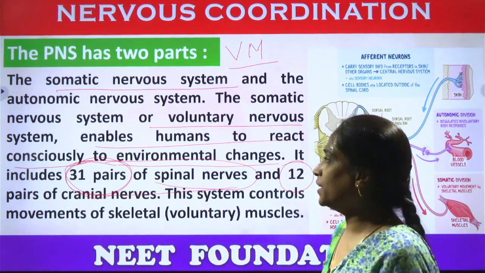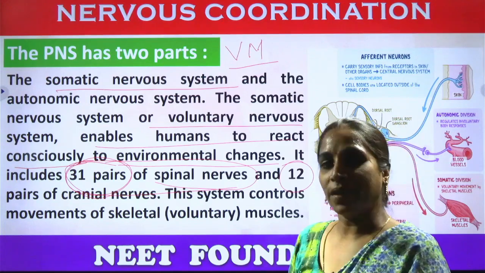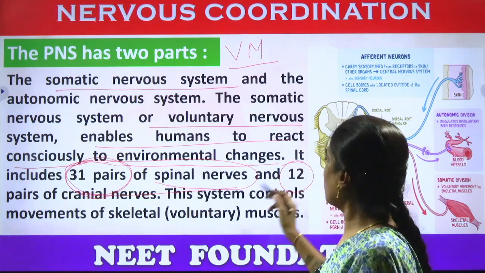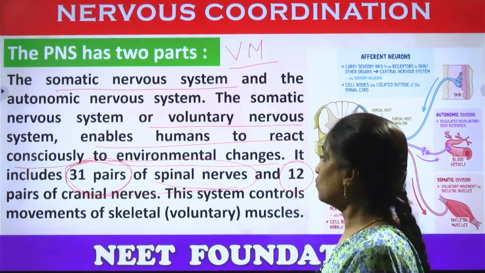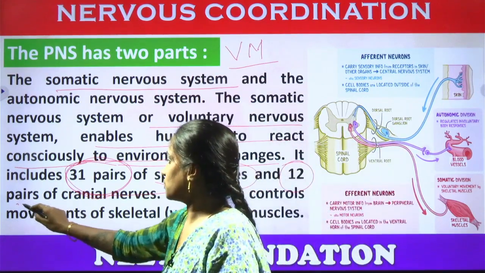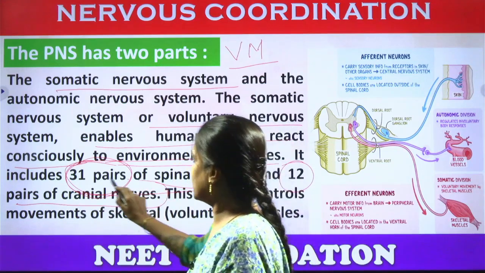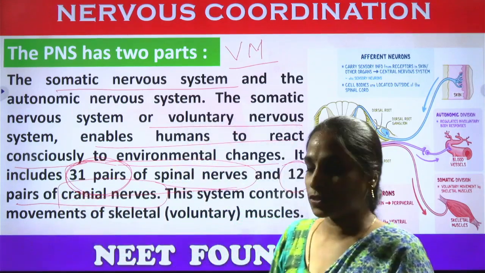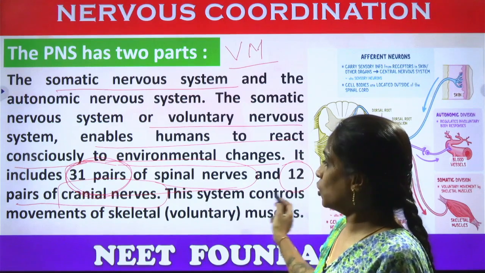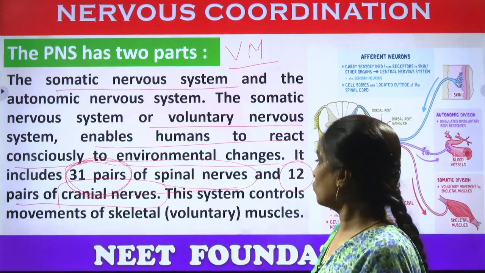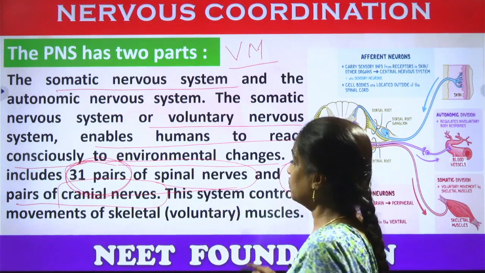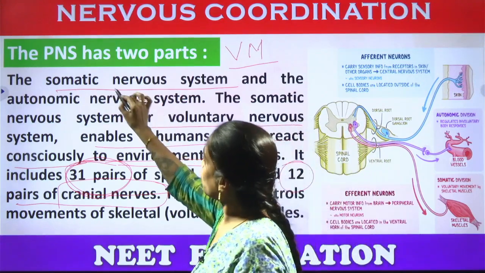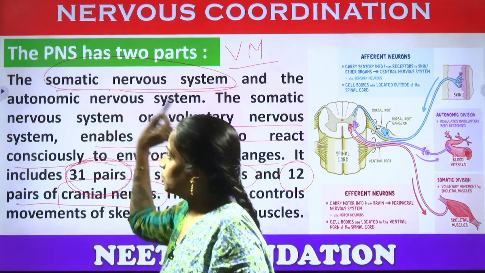As you know already, they are 31 pairs of spinal nerves, and one more set arises from the cranium, nothing but the brain. Those 12 pairs of nerves arising from the brain are called cranial nerves, right? So this system controls the movement of skeletal or voluntary muscles. This voluntary action is nothing but the somatic nervous system.